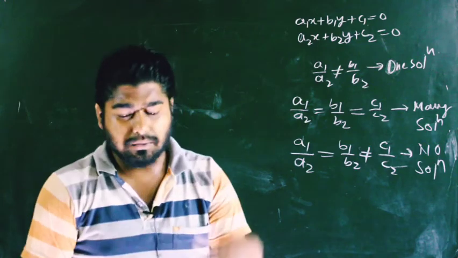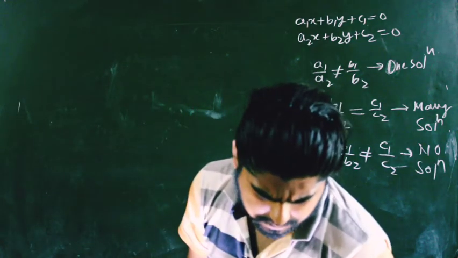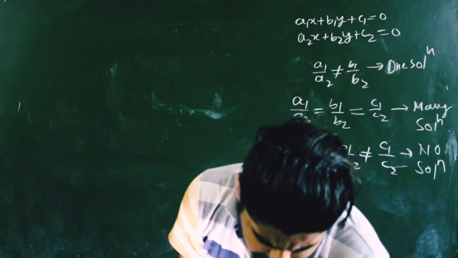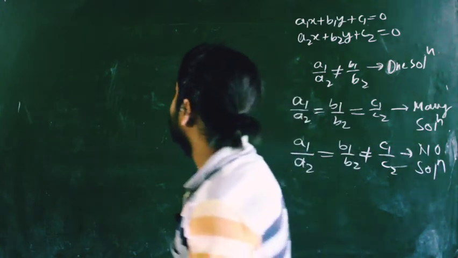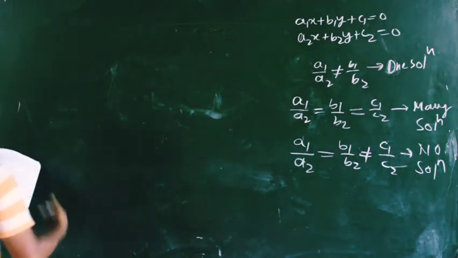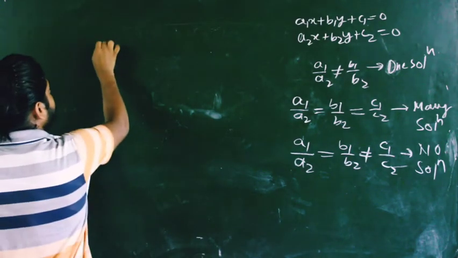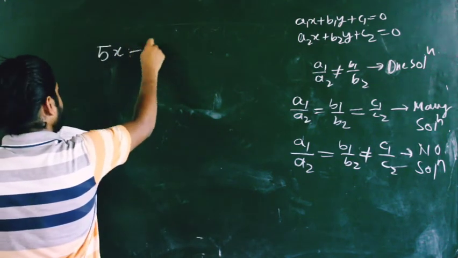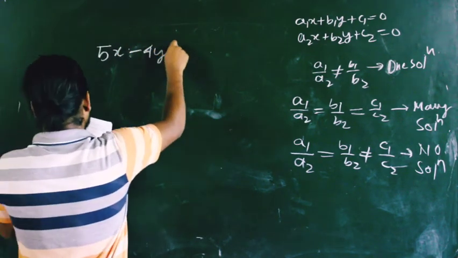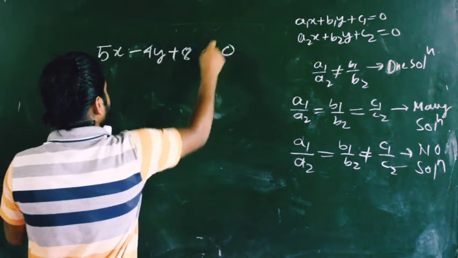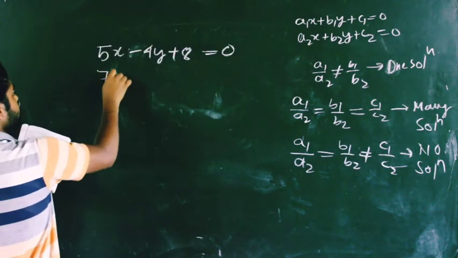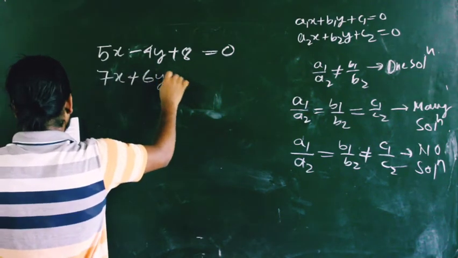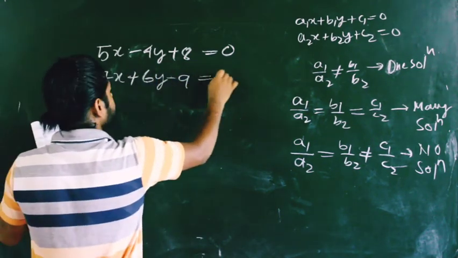Now let's see this with an example. So we have a question that goes like this: 5x minus 4y plus 8 equal to 0, 7x plus 6y minus 9 equal to 0.